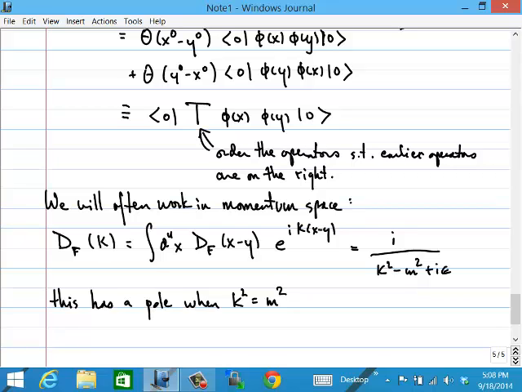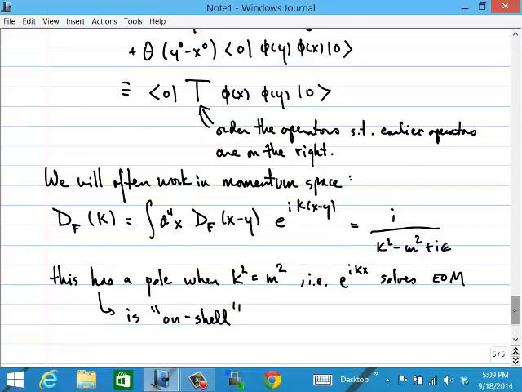That's just the statement that the plane wave e to the i k x solves the classical equations of motion. And so we sometimes say that k squared equals m squared is the statement that the momentum is on shell.